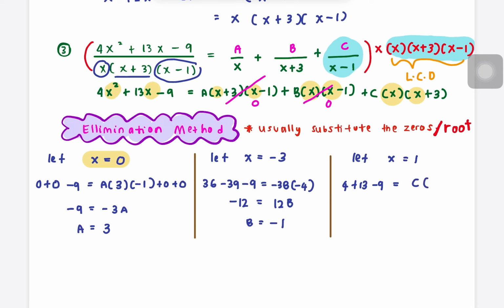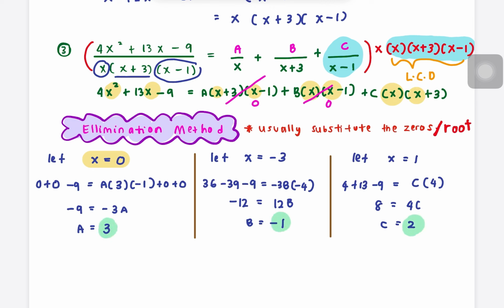Let's copy back the question. You have 4x squared plus 13x minus 9 over x times x plus 3 times x minus 1 equal to, okay, how many fractions do you decompose? 3 just now, which is A over x plus B over x plus 3 plus C over x minus 1.